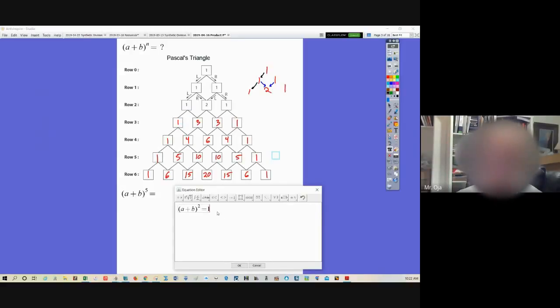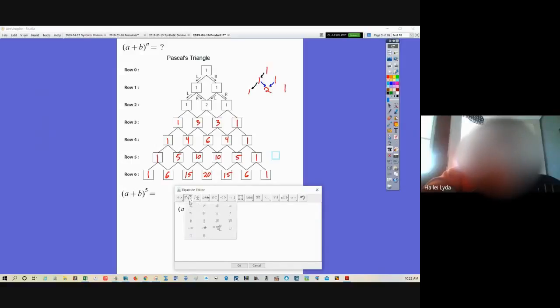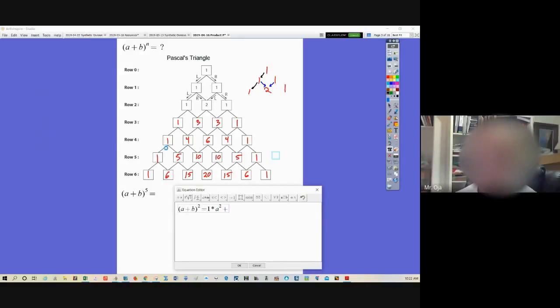I get 1 times a squared, plus there's my 2, so I'm going to get a 2 times a times b, plus, and there I've got a 1, so I'm going to get a 1 times b squared.